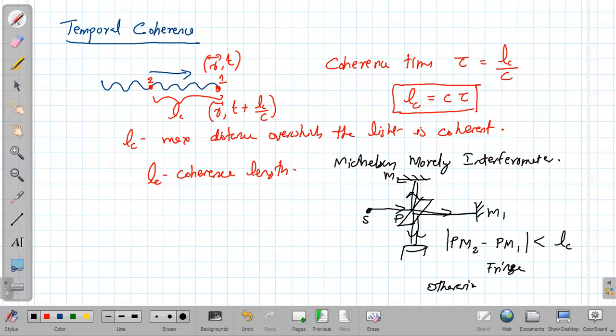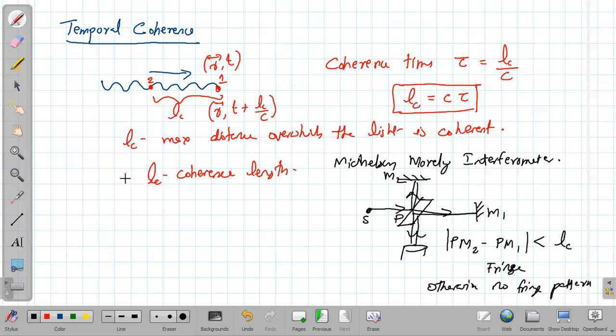Otherwise, no fringe pattern, because here the light coming from two different instants is interfering. So I think it is clear to you.